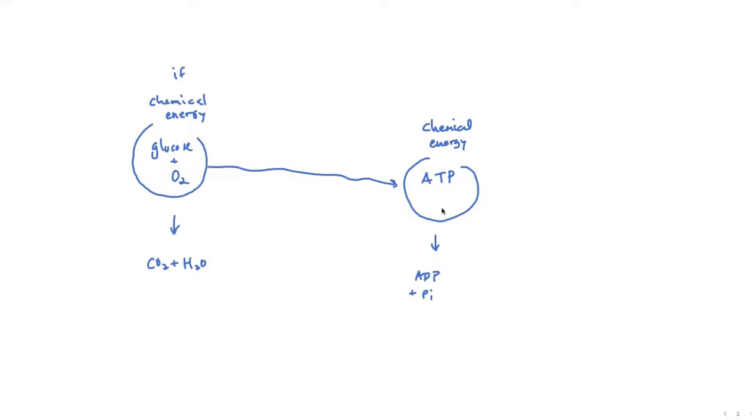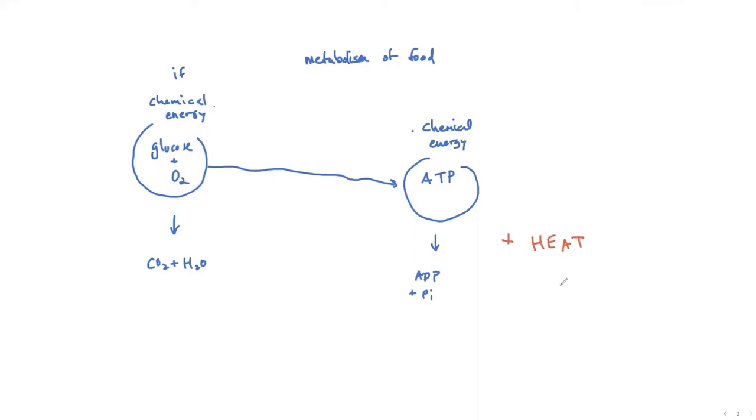If this is the reaction that's going on in our metabolism of food, we know at this point that we have orderly energy on the left, orderly energy on the right, and consequently we have to also have heat produced.